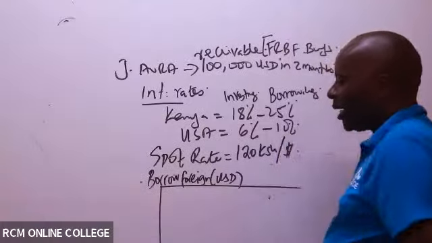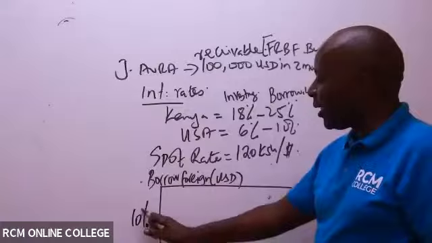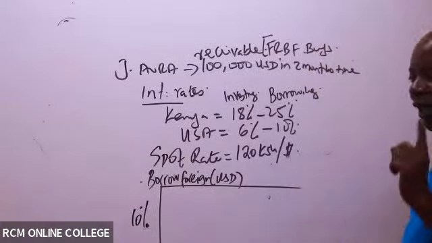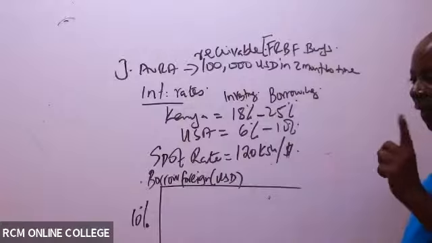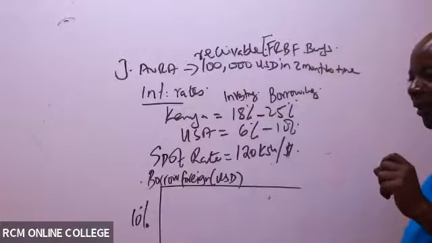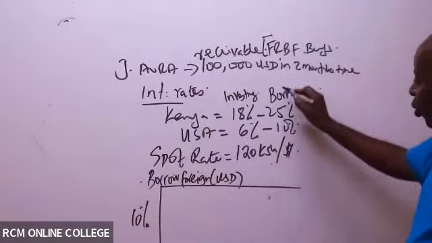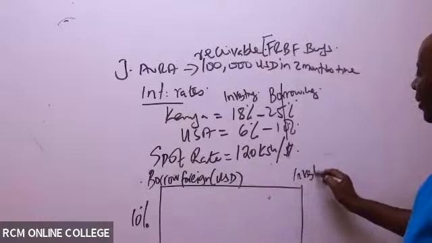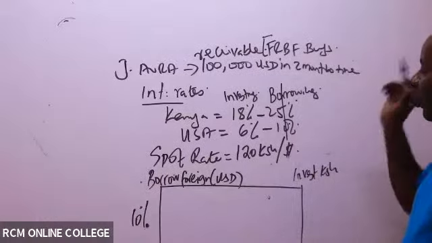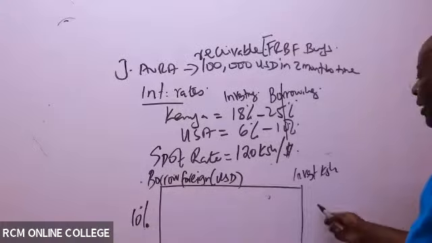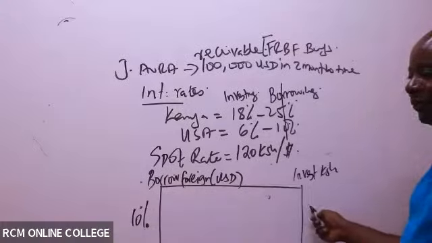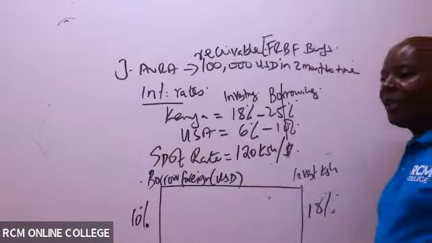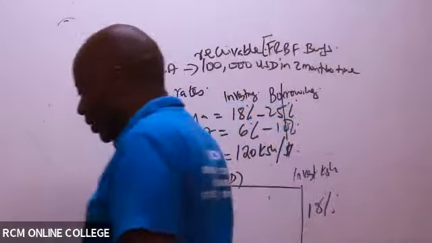So the rate we're using here is 10%, because in this column of borrowing it is 10%. And then we invest in Kenya shilling. If I invest in Kenya shilling, what percentage will I use? 18%.